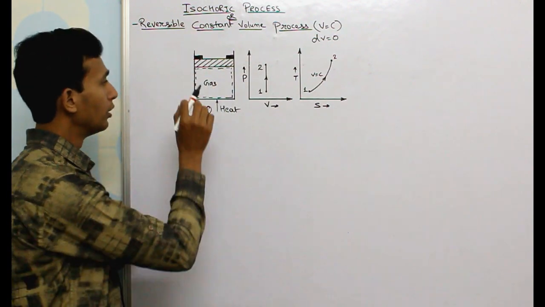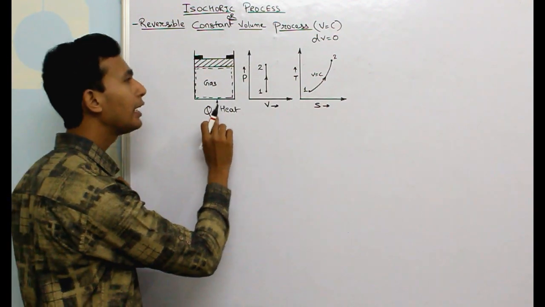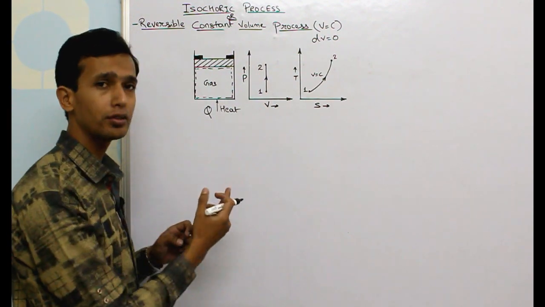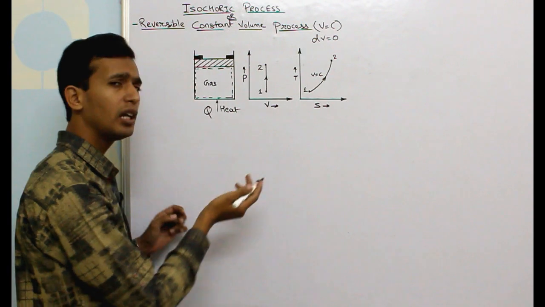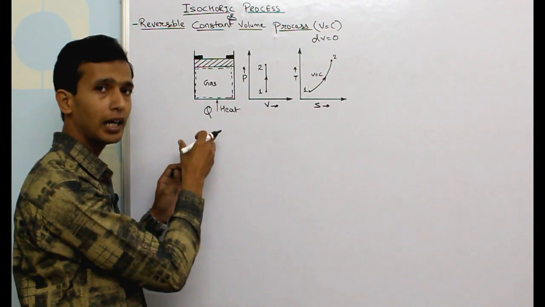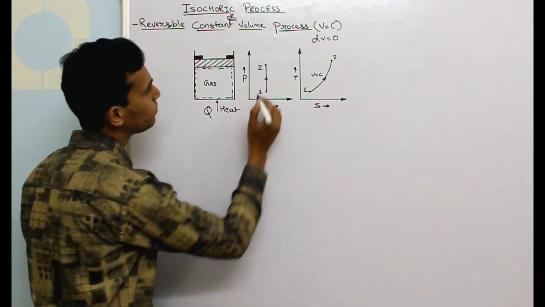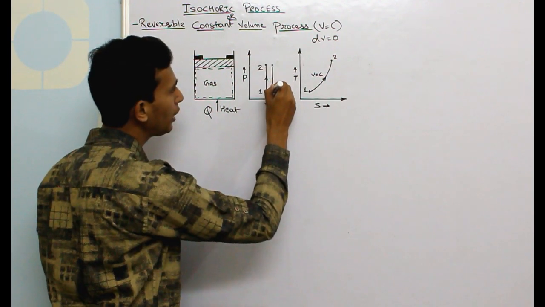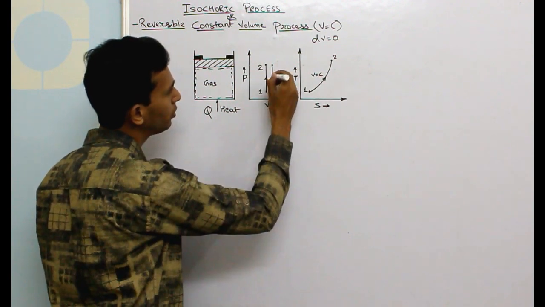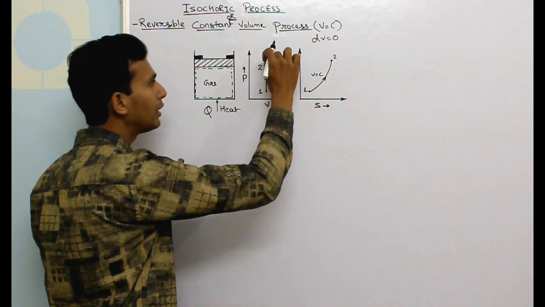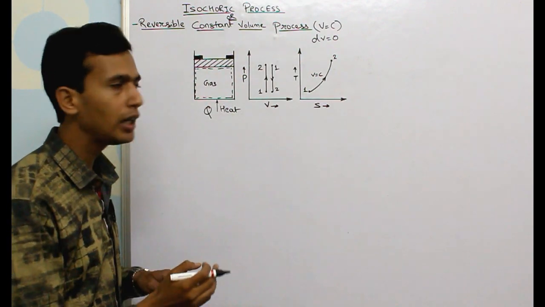Now I have considered here heating process, but it is not mandatory that always you have a heating process for a constant volume. You can have a cooling process as well, means heat rejection by a heated gas at constant volume. So you have that process similar to this one, but the direction will be different. So this is 1 and this is 2. So you have decrease in pressure due to rejection of heat.